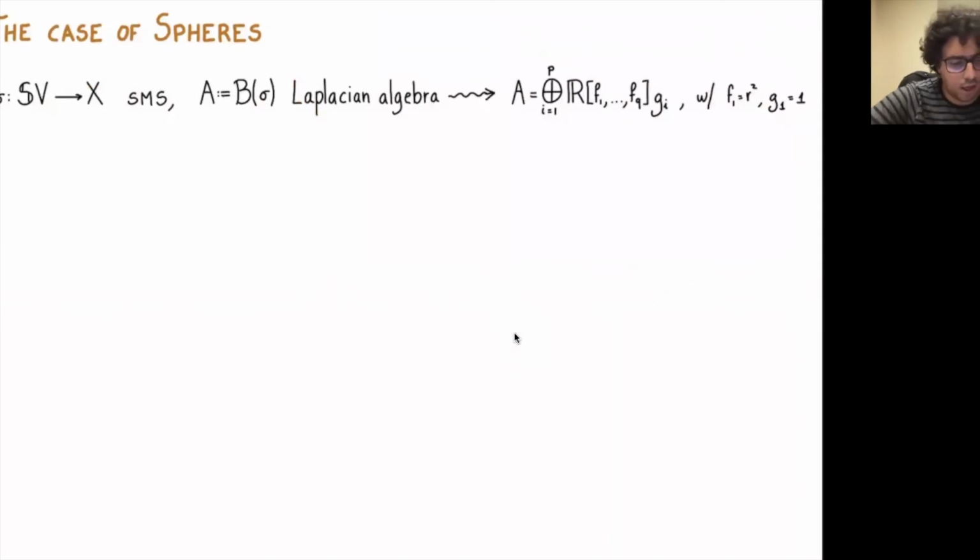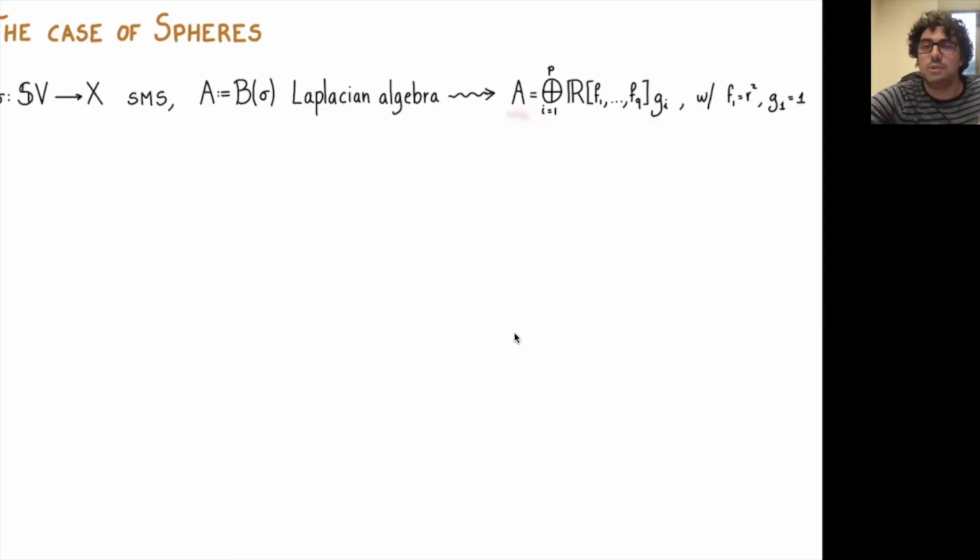Again, I have a spherical manifold symmetry, and I take A to be my Laplacian algebra. Now, it turns out that the Laplacian algebra is always a Cohen-Macaulay algebra, a Cohen-Macaulay ring. It doesn't really matter what it means. The point is that it can be written like this.